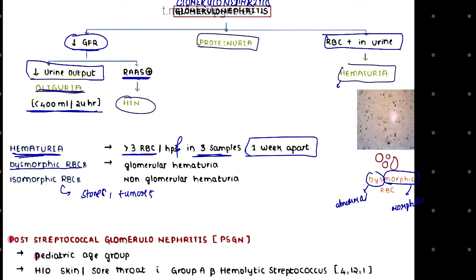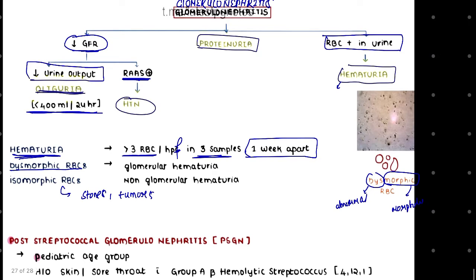Okay, now another thing that we need to add right here is that because of hematuria, our urine will be of what color? It will be cola colored, dark brown color. And as we have already mentioned in the previous lecture, our physiological cast, that is the Horsfall cast, right?